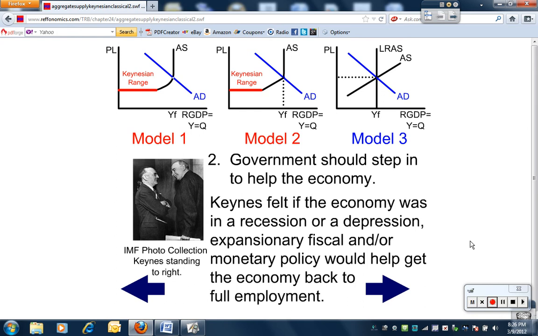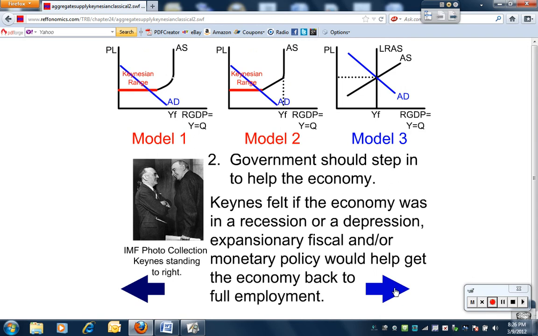Fiscal policies mainly deal with government raising and lowering taxes and raising and lowering spending, and monetary policy obviously deals with, at least in the United States, the Federal Reserve's function as a monetary advisor and stimulator in the economy. We're going to get into more detail later on that.